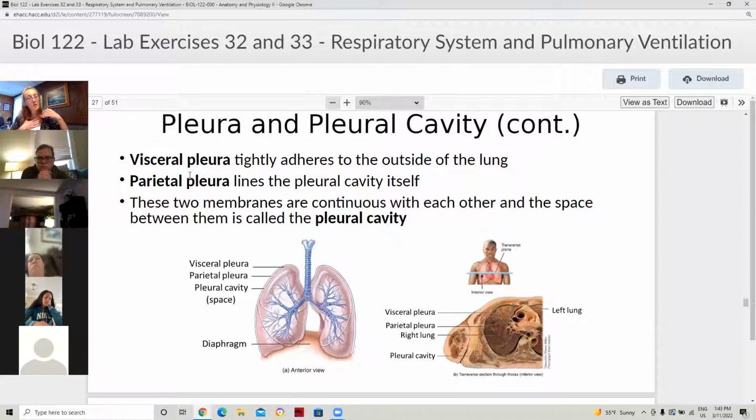Well, what happens when I breathe out? It's the opposite. The parietal pleura collapses, and because the visceral pleura is sucked onto it, it collapses. What does that do to the pressure within the lungs?